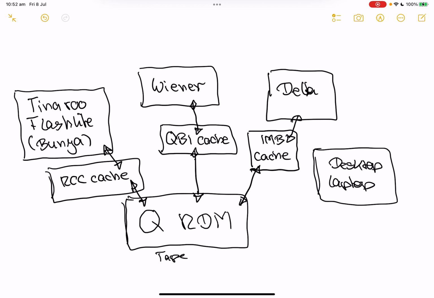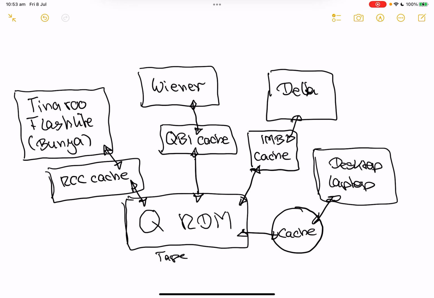And then depending on where you're sitting with your desktop or your laptop, there is whatever the local cache or the ITS cache, for example. So it could be anything. It could be the IMB cache, it could be the QBI cache. And so that really depends on your actual location.